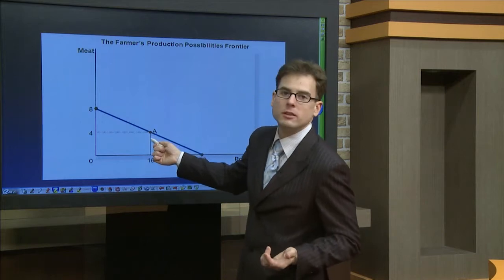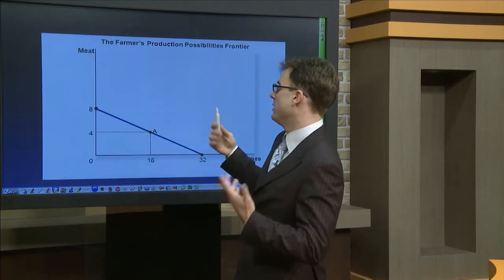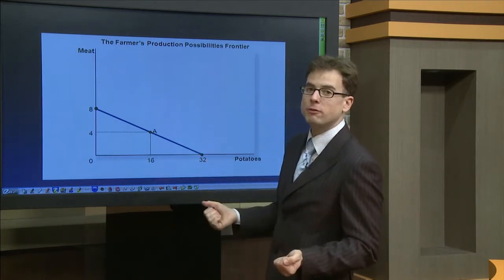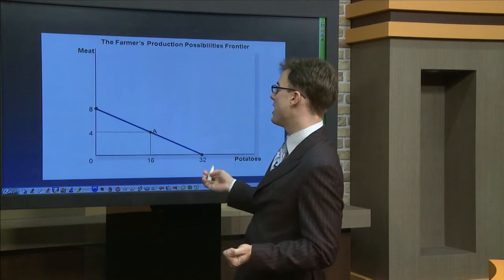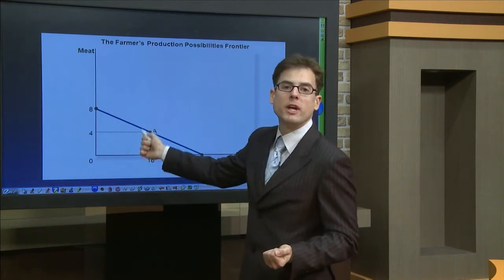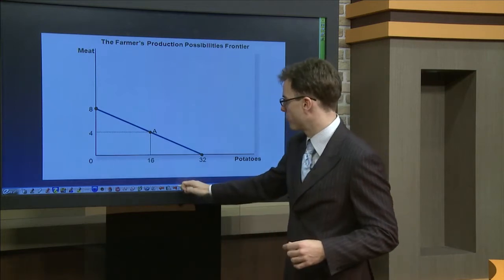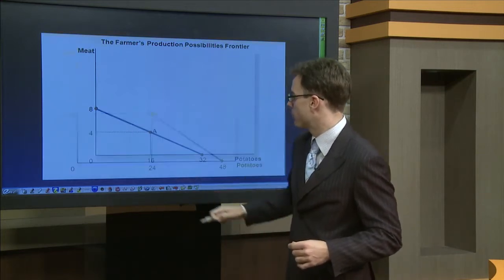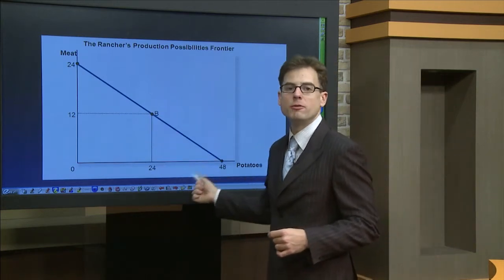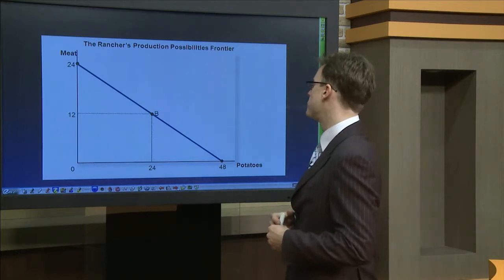Suppose that the farmer wants to be in the middle of this graph. And if the farmer is self-sufficient, we would say that farmer would choose a point like point A on his production possibilities frontier.